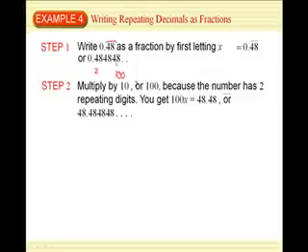So you set x equals 0.48, the line over it. You multiply both sides by 100. So you get 100x equals 48.48 with a line over it. So you just move the decimal over 2 places.